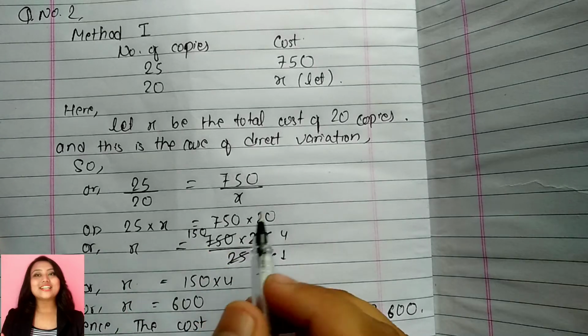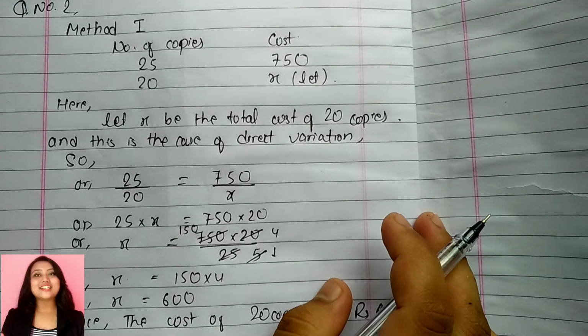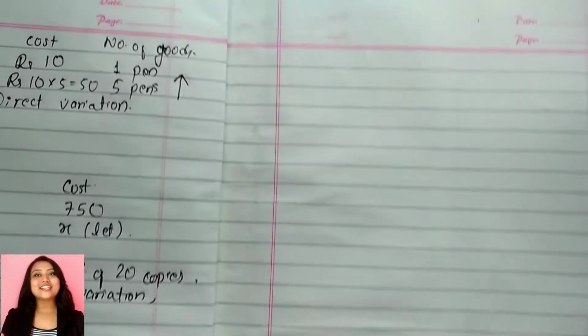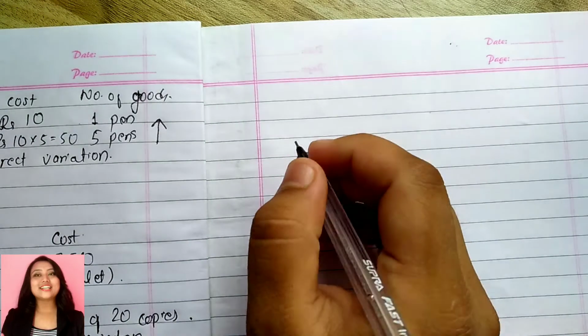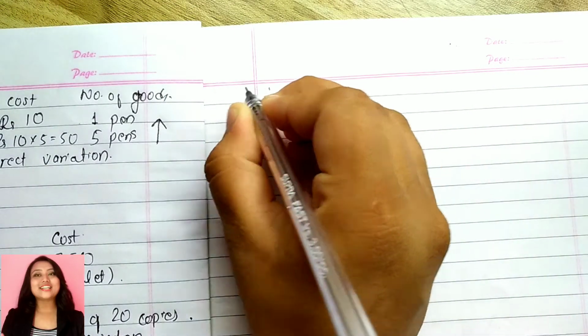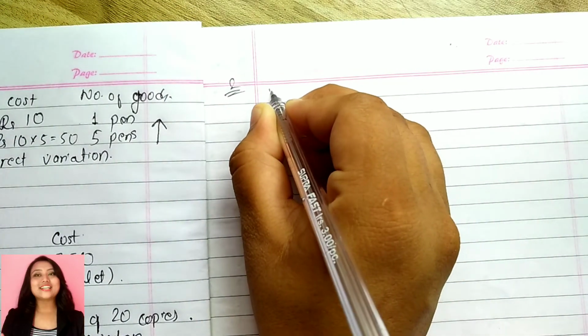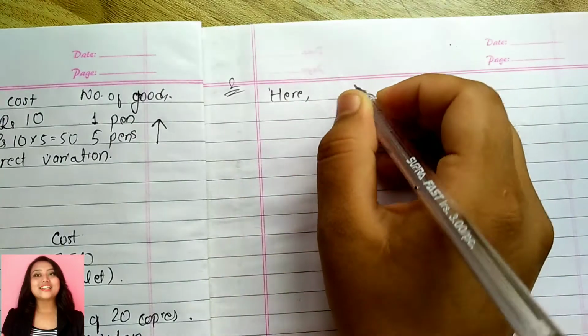This same method can be done in another way also. Let's see how to do it. Okay, so what we can write, of the same question number 2, I'm using another method here.